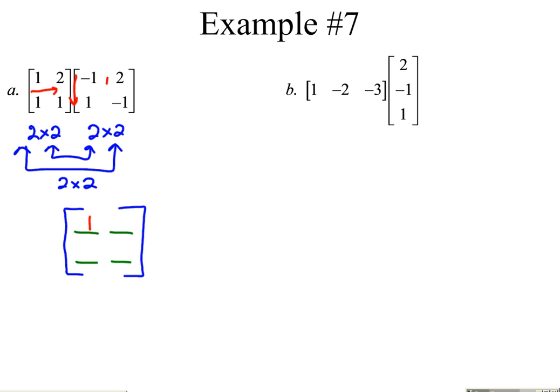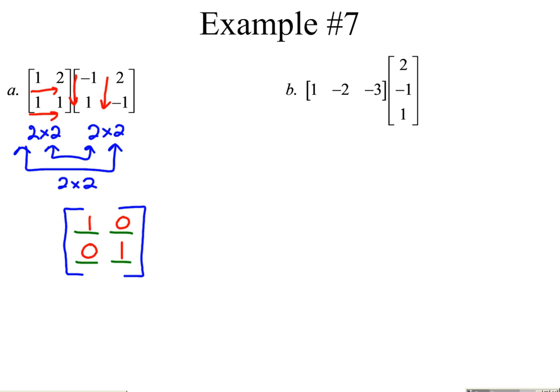Row 1, column 2, 2 minus 2 is 0. Row 2, column 1, negative 1 plus 1 is 0. And finally, row 2, column 2, 2 minus 1 is 1.